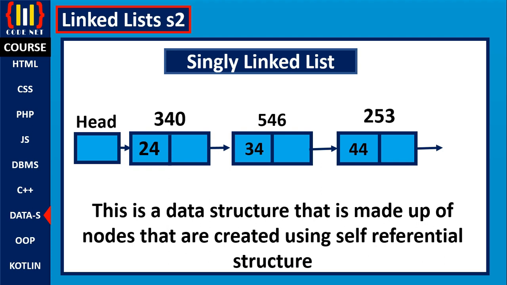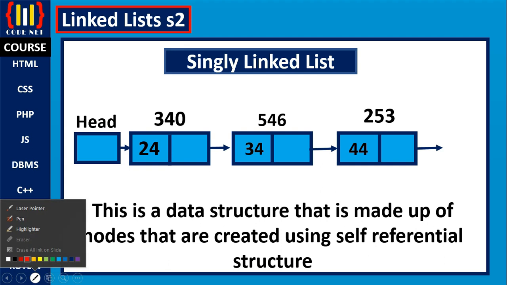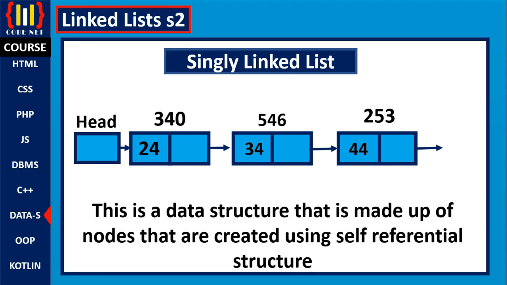Now you can tell that we've created a head, which is based on pointers, because linked lists are highly based on pointers. This variable is designed to hold the memory address for the very first node of this linked list.